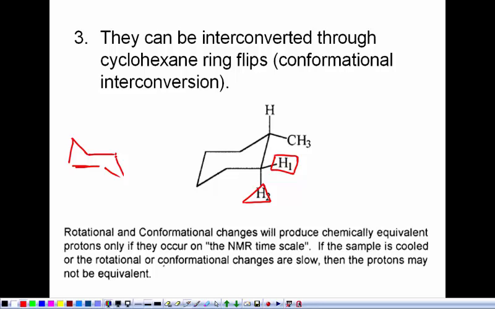Well, the same thing's true here, except I don't change the time frame. The time frame is fixed. The NMR time scale is roughly on the order of a couple of seconds. So if in that couple of seconds these hydrogens are flipping back and forth between axial and equatorial, all I'm going to see is the blur.